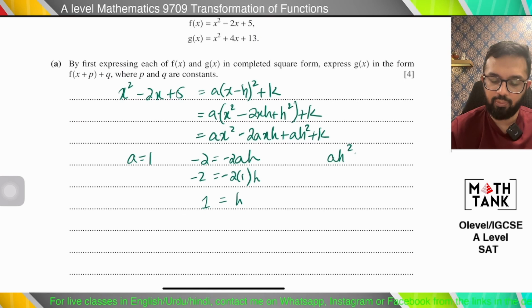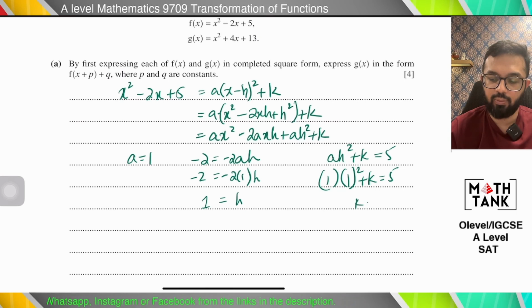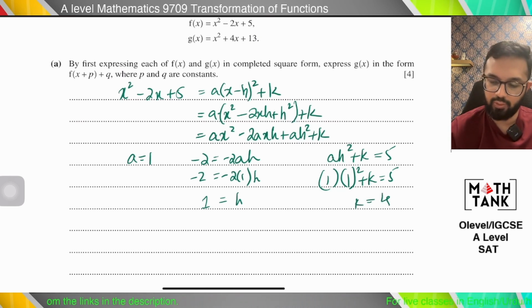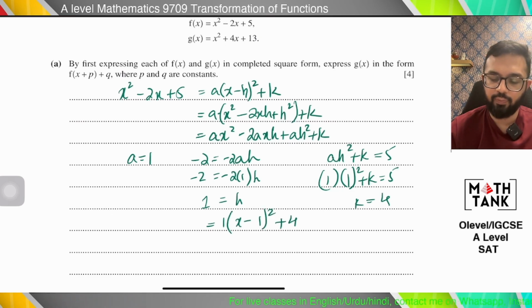So ah square plus k equals 5, 1 square plus k equals 5, k equals 4. So 1(x minus 1) whole square plus 4.